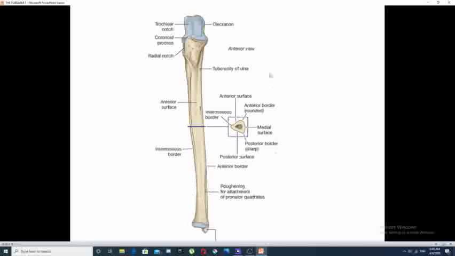In the anterior view of the ulna, you will find that the ulna is formed from an upper part with an expanding and projecting upward process called the olecranon process.